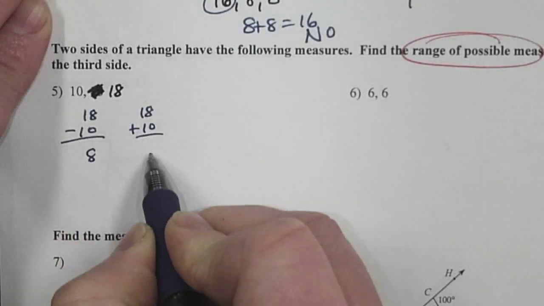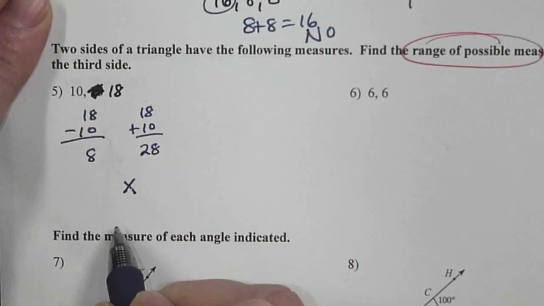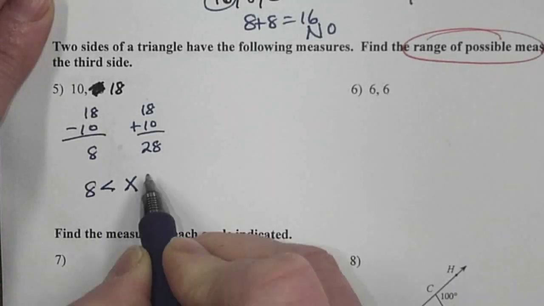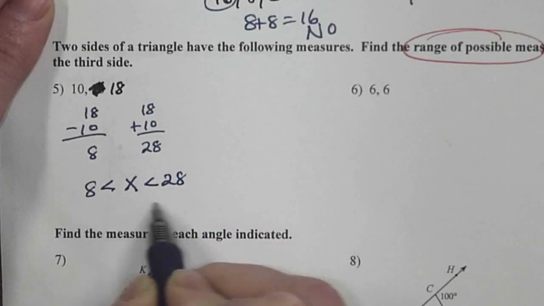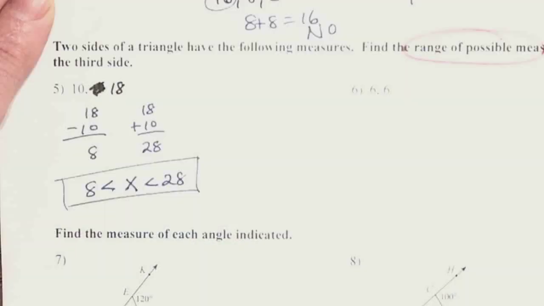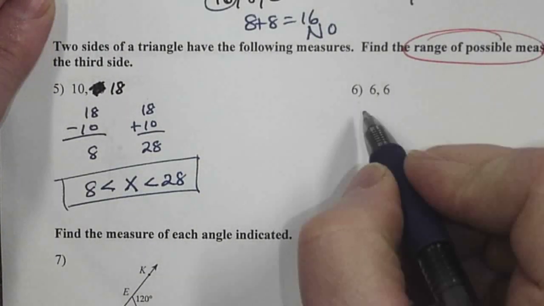If I subtract, I get 8. If I add, I get 28. And so my third side, let's call it x, is somewhere greater than 8 and less than 28. And we write it down this way, with the bigger number on the right, the smaller number on the left, and we're pointing to the left both times.